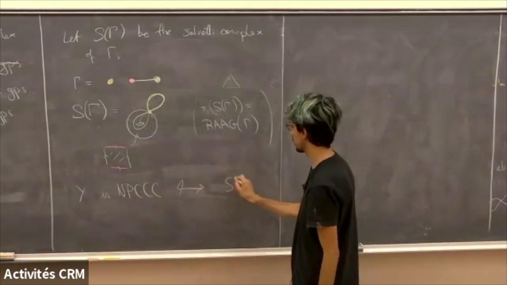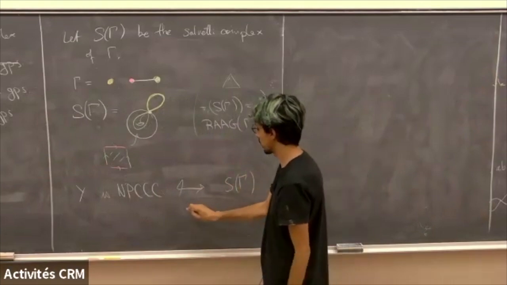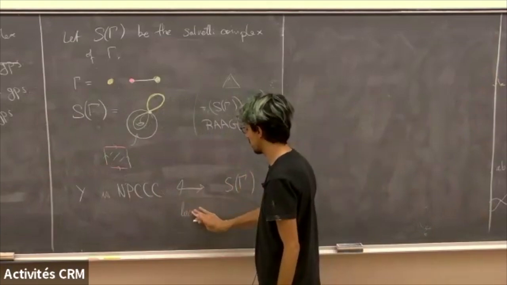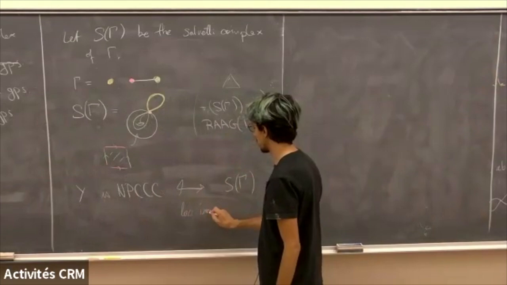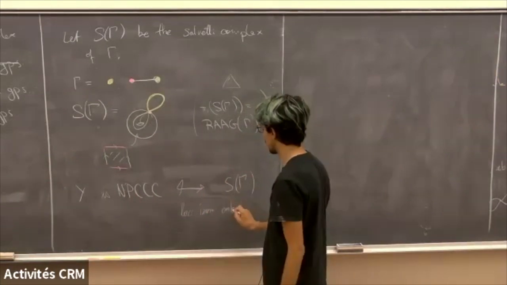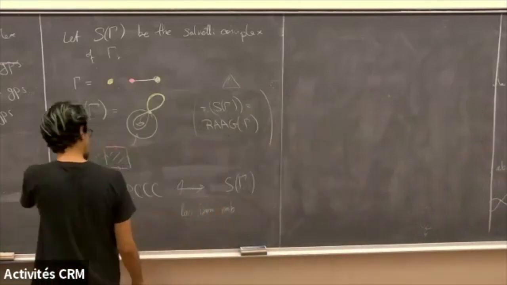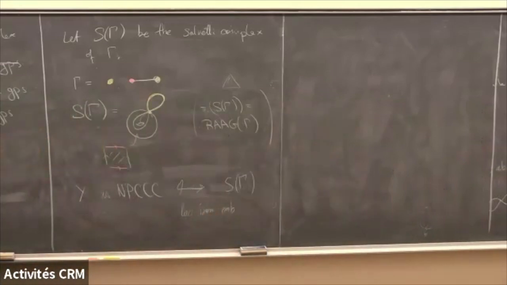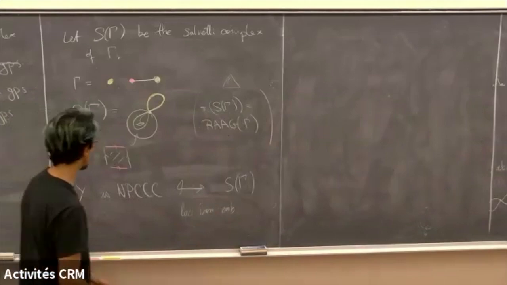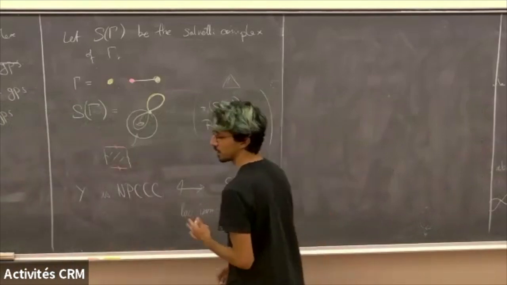So this would be a local isometric embedding. Yeah, so when I say this, maybe I should say something. I mean local isometric embedding with respect to the CAT(0) geometry. Okay. So let's just maybe play with this a bit to see if you understand it.